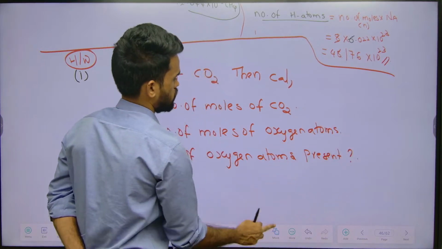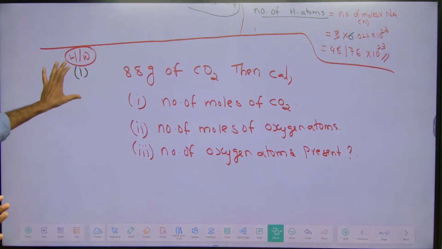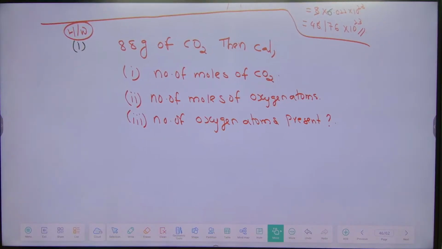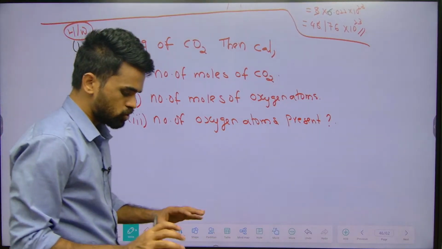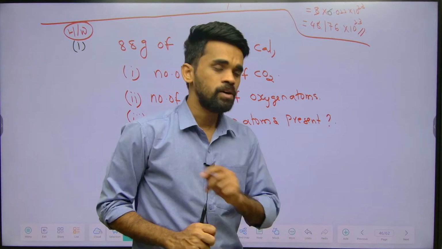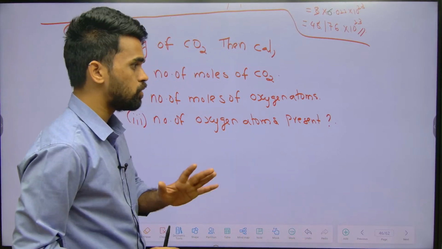Okay, this is the question. You can solve it and tell me your answer in the comment box. Even if it is wrong, no issues, just give it a try. If there is any mistake, I will help you while doing the question.